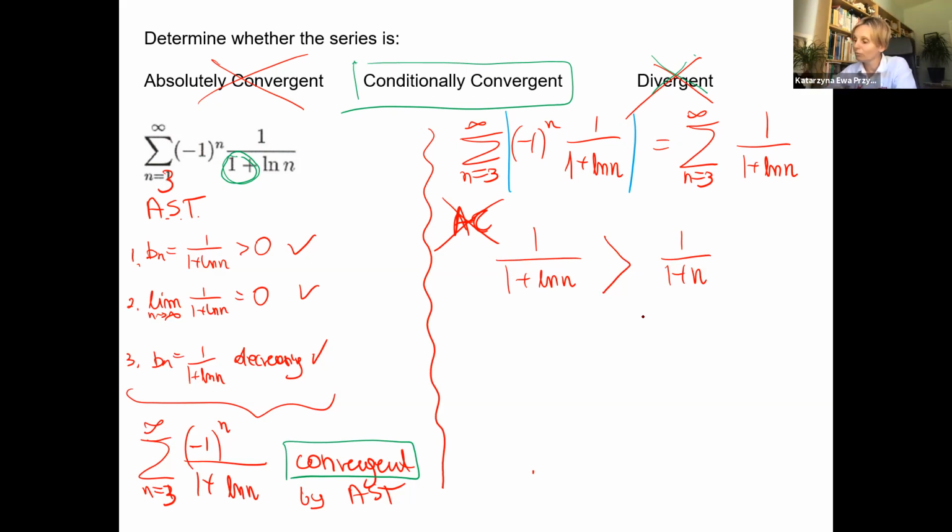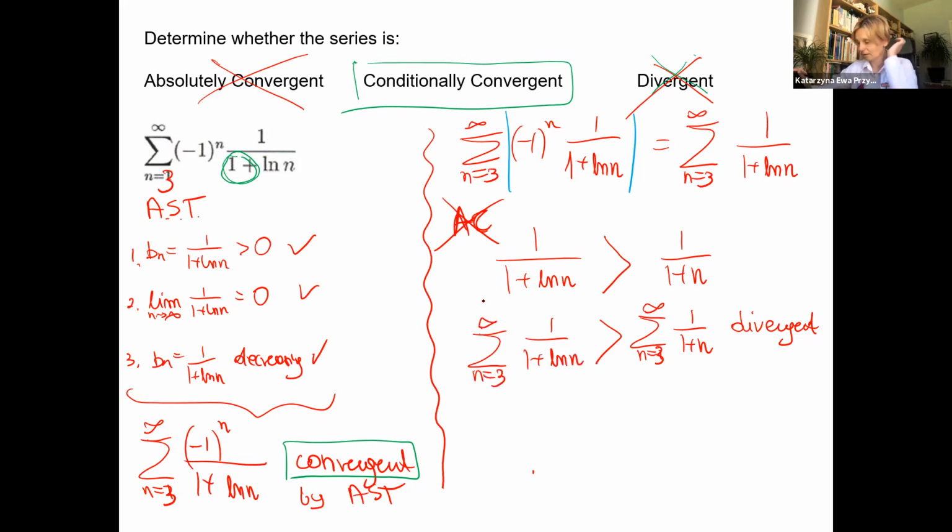But now we have to prove that this formula is divergent. Let me put divergent. We will prove it in a minute. We will use the limit comparison. If this is divergent, then everything that is bigger is also divergent.